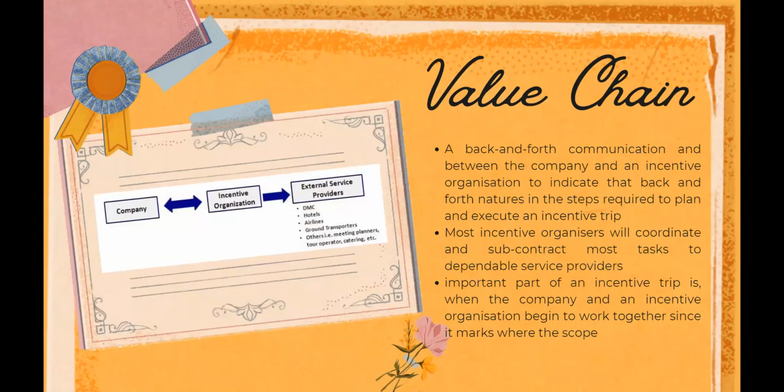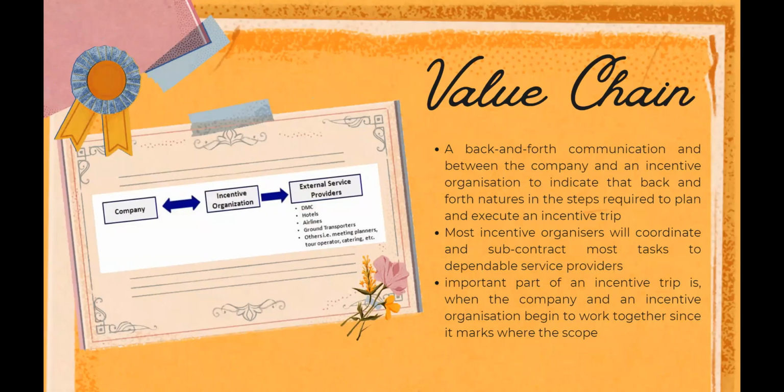As you can see from the slide, this is the value chain in the incentive travel industry. There is back and forth communication between the company and the incentive organizer, to indicate the back and forth nature in the steps required to plan and execute an incentive trip.